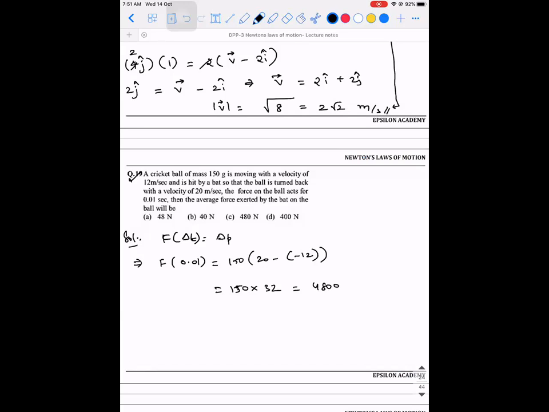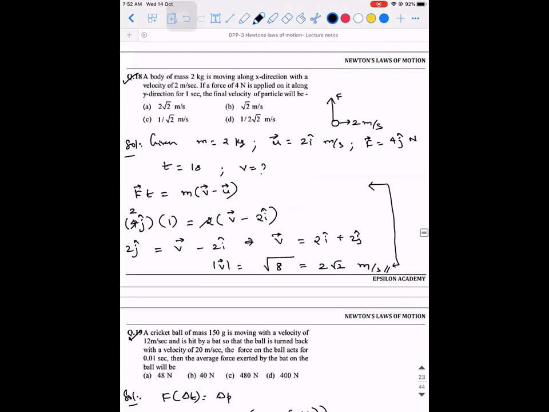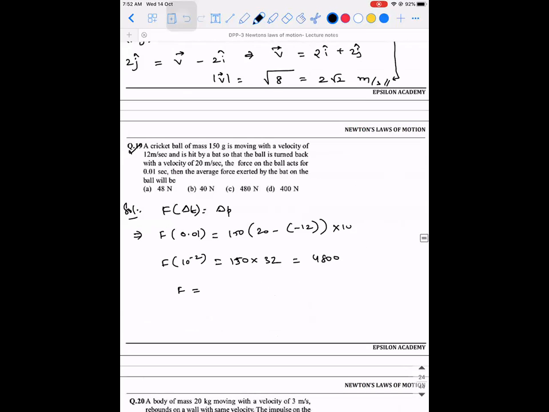So 4800. F into 10 power minus 2 is equal to 4800 into 10 power minus 3, which I forgot because the ball's mass is in grams. So 4800 into 10 power minus 3 into 10 power 2. That will be 4.8 into 10 power 2, 480 Newton.